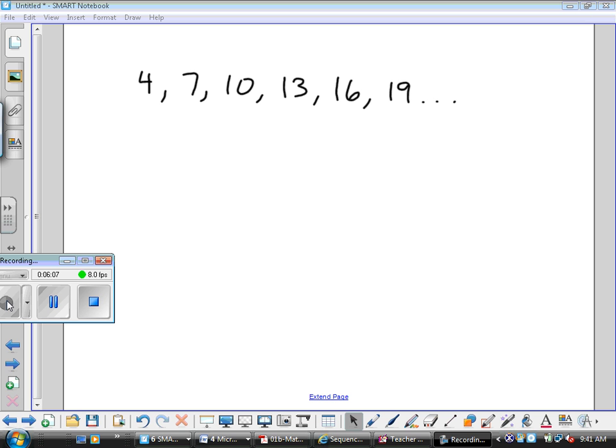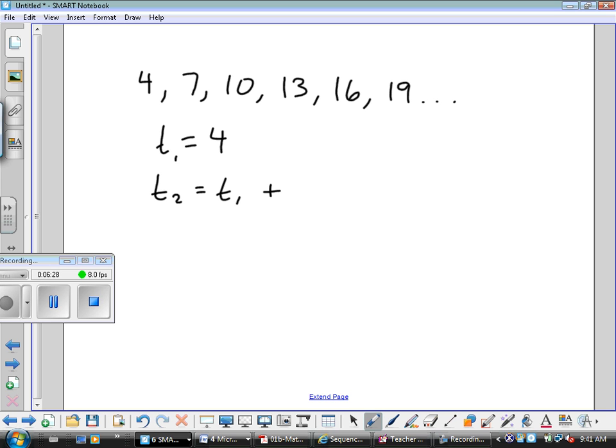So in order to try to find a general formula that we could use to find any term, we'll look at how each term is related back to the first term. So the first term is 4. We can get the second term by taking the first term and just adding the common difference.